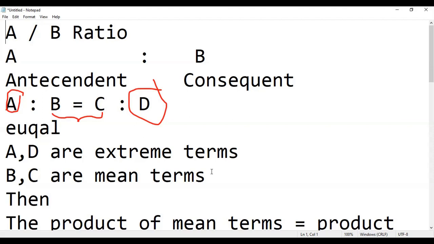Okay. Write down. Whenever two ratios are equal, we say that they are in proportion.